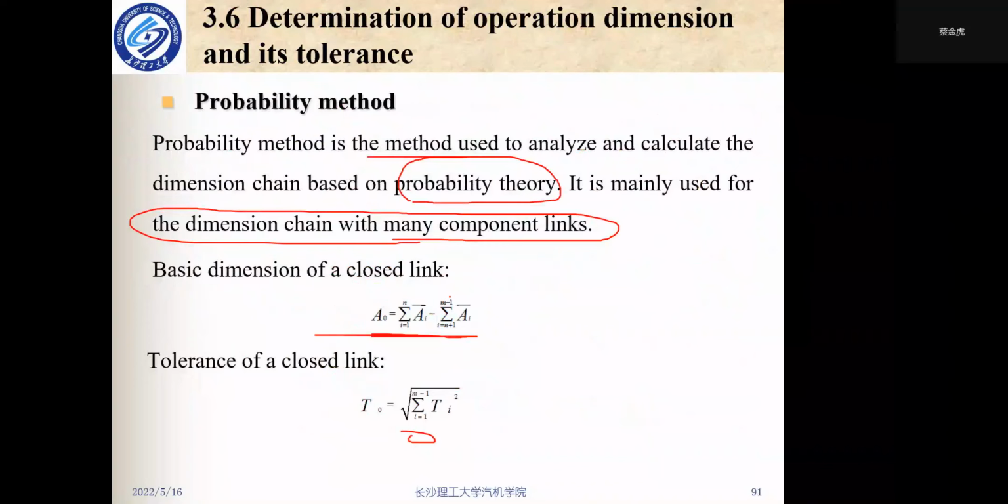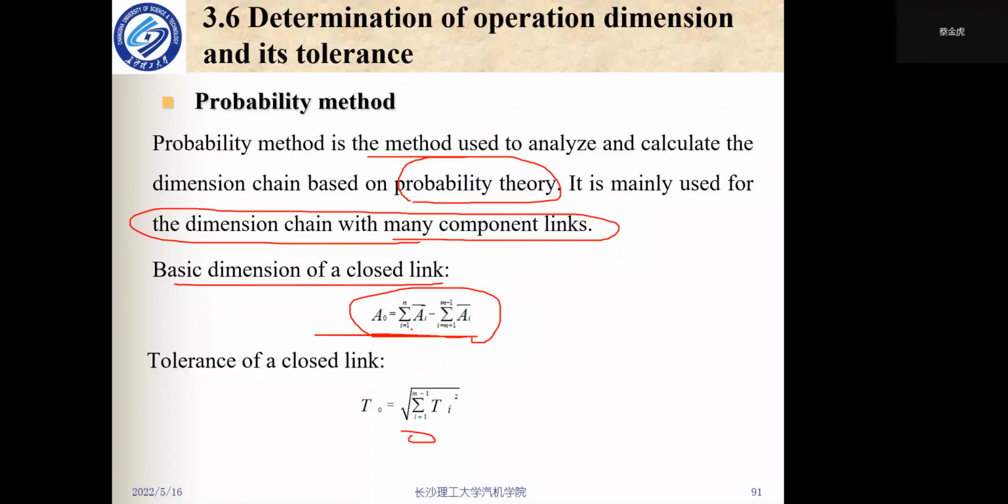So if the dimension chain contains many component links, then the probability method can be used to calculate the basic dimension of the closed link, and it has the same equation form as the extreme value method.